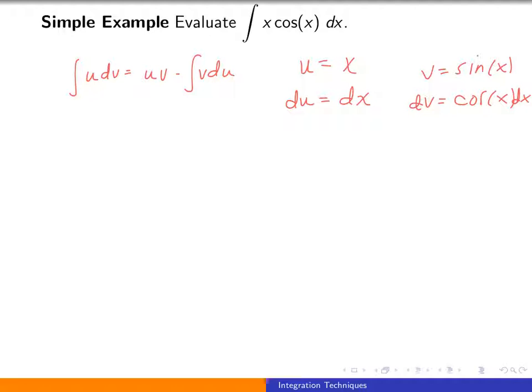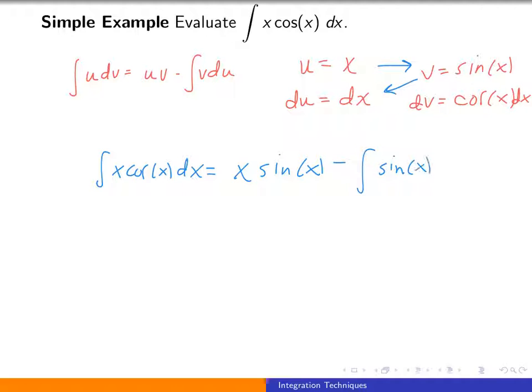Now we go ahead and apply integration by parts. So the integral of x cosine x is equal to, and how I remember this is I draw an arrow across the top row, so uv, so x sine x, and then I draw an arrow going downward from v to du. The fact that it's going backwards reminds me that I need a minus sign, so minus the integral of v du.